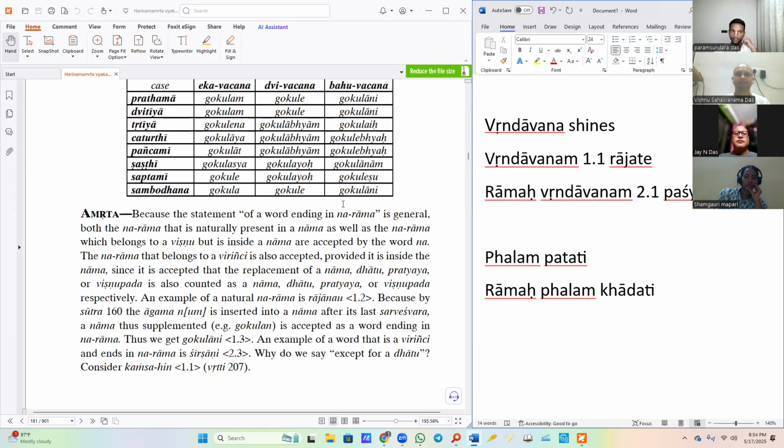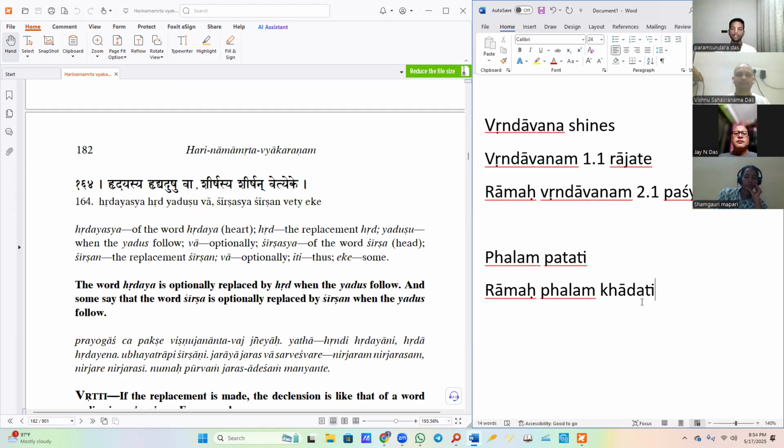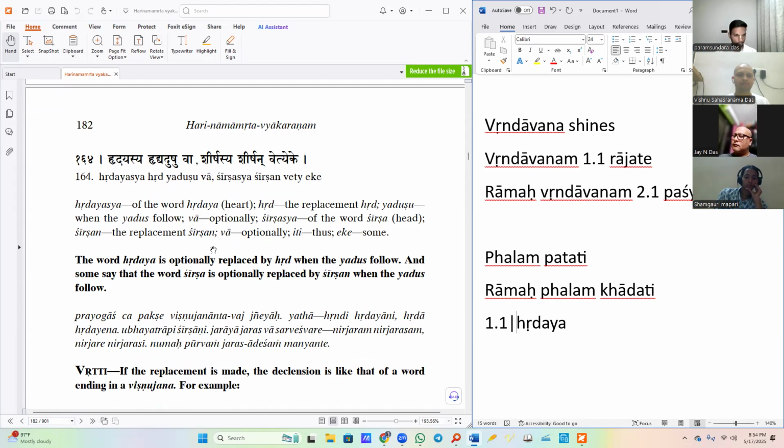Moving ahead, the next word is Hridaya, which is also a Brahma Krishna Shabda. Hridayasya hridyadushu va shirshasya shirshan vidyate.